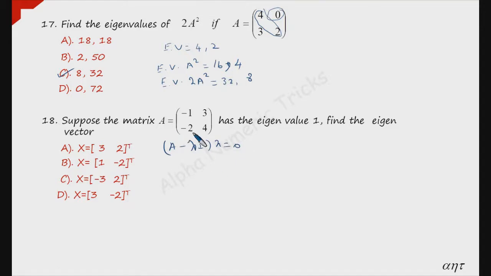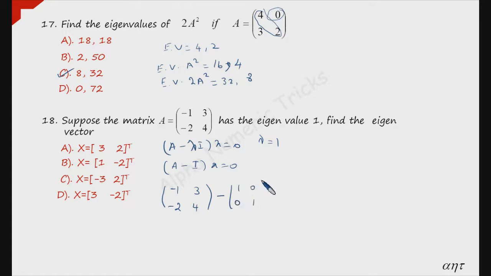Here the value lambda is equal to 1 is given. So we have (A minus lambda I) x is equal to 0, and in the place of 1 you have the unit matrix. So the matrix A here is [-1, 3; -2, 4] minus [1, 0; 0, 1].